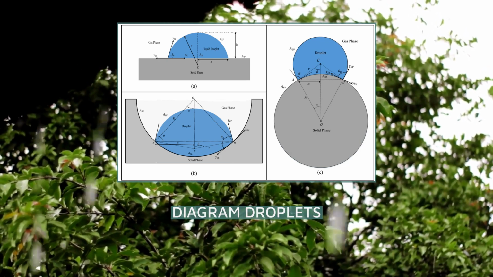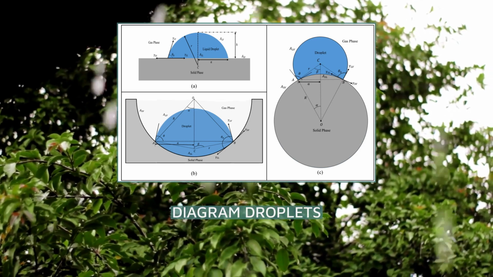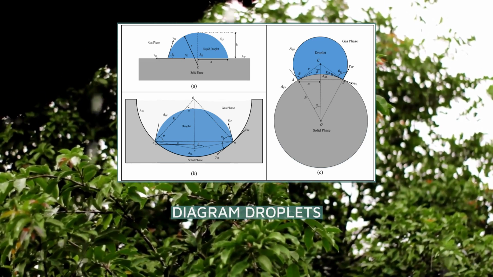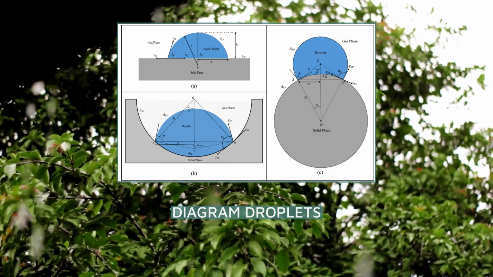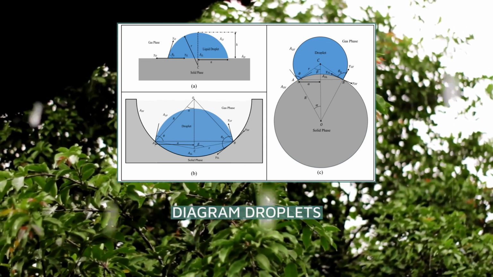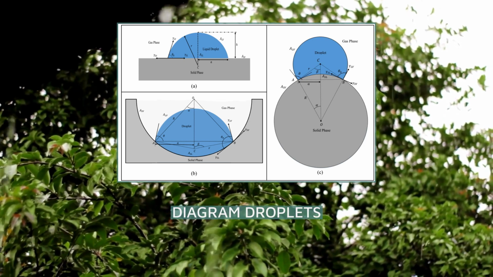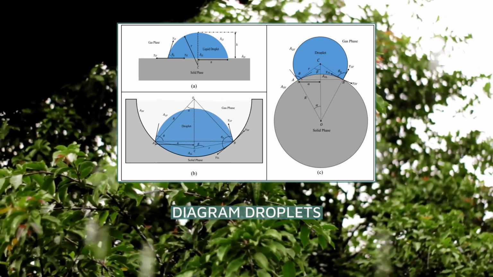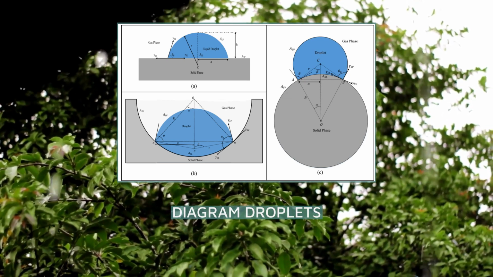For a sessile droplet, the free energy of the three-phase system can be expressed as δΦ = γLV dALV + γSL dASL + γSV dASV − (PL − PV) dV − V dP. At constant volume in thermodynamic equilibrium, this reduces to an expression relating the contact angle to the surface energies, the line tension κ, and a pressure term.